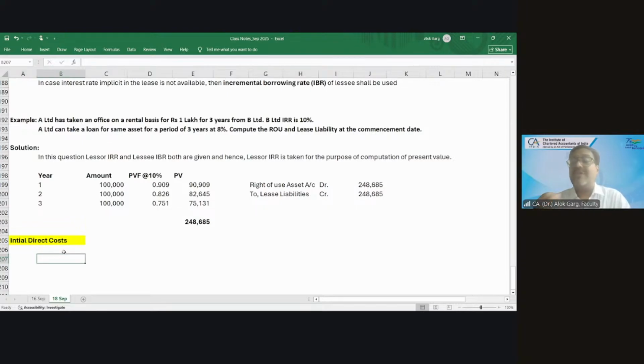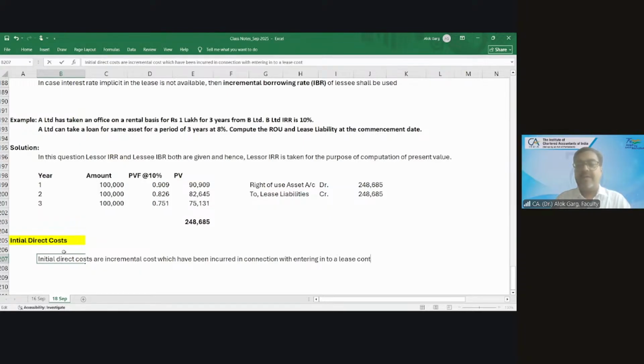So what is initial direct cost? Initial direct costs are the incremental costs which would have been incurred in connection with entering into a lease contract, right? Initial direct costs are incremental costs incurred in connection with entering into a lease contract.